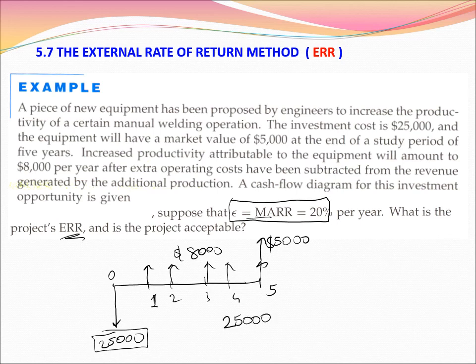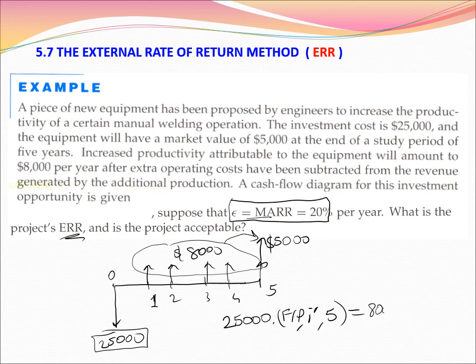This expense at present time, when we convert it to future time using this i prime, which is the external rate of return, for 5 years, I want this to be equal to the future worth of all revenues. So I need to convert everything to future time.